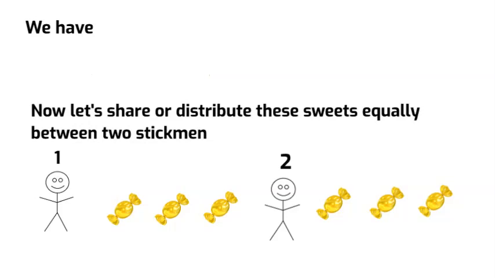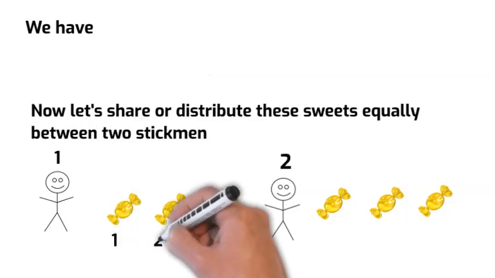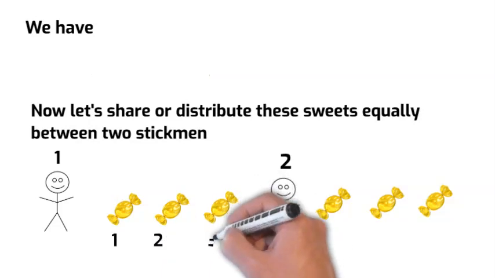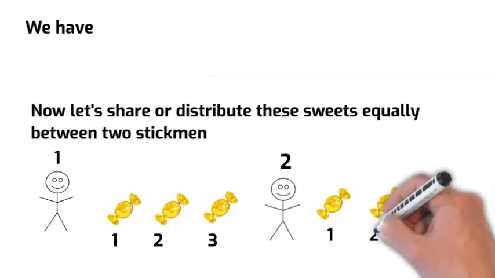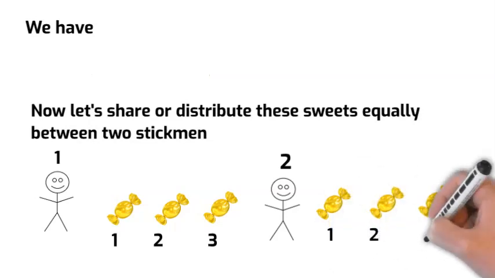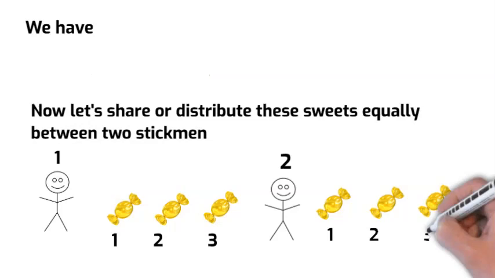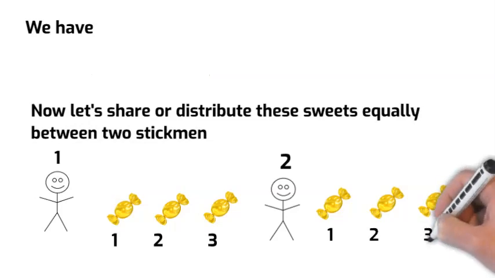Now, how many sweets did each of them get? Let's count. 1, 2, 3. 1, 2, 3.